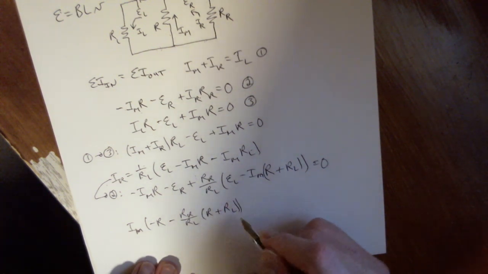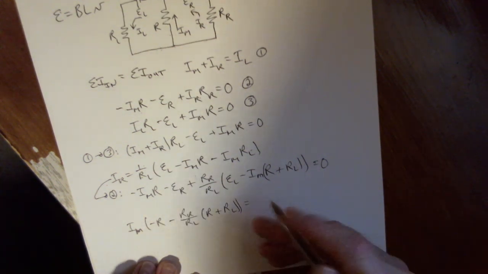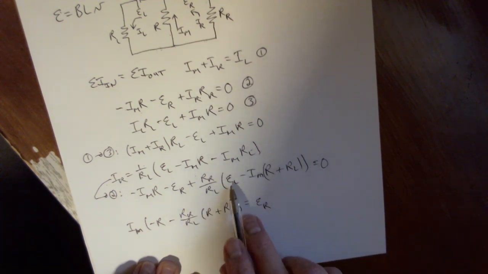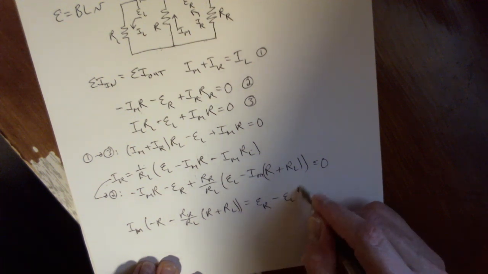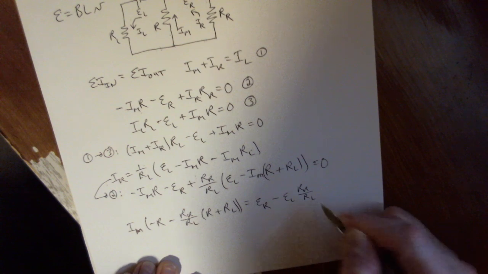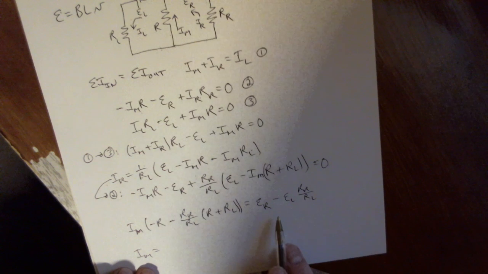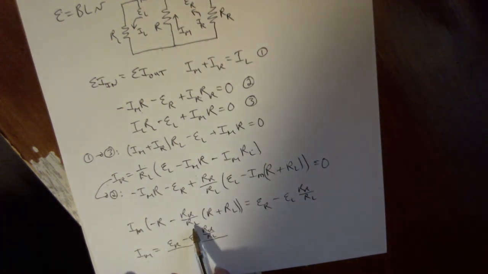Good. And then I move everything else to the right, so minus EMFR becomes plus EMFR plus EMFL times this ratio becomes minus EMFL times RR over RL. So I get that I middle equal to this thing, EMFR minus EMFL RR over RL over all of this.